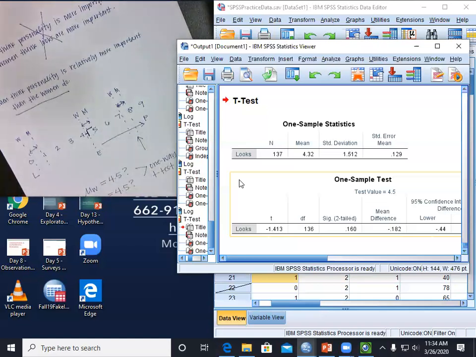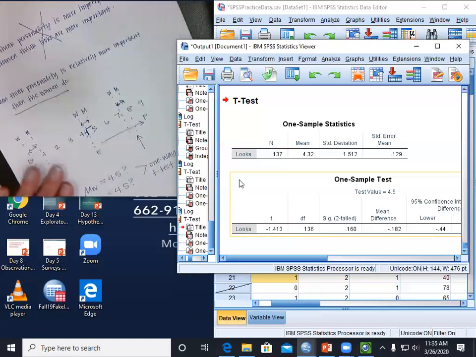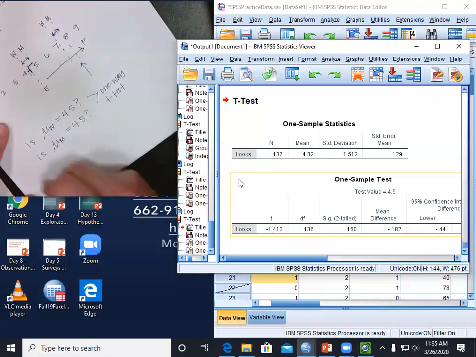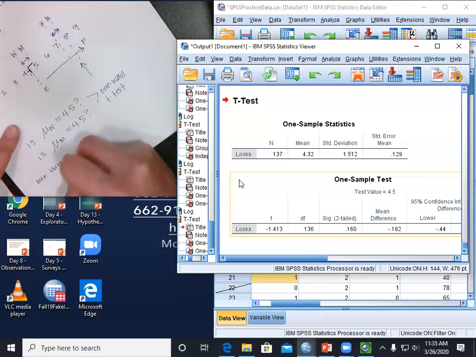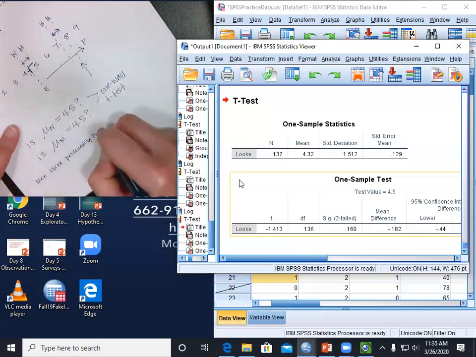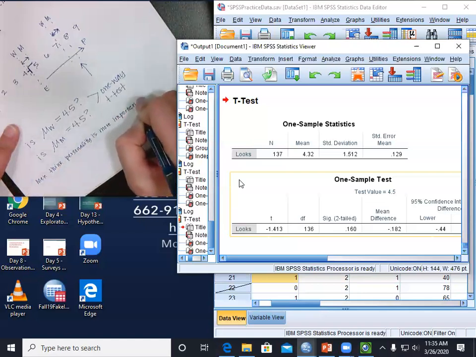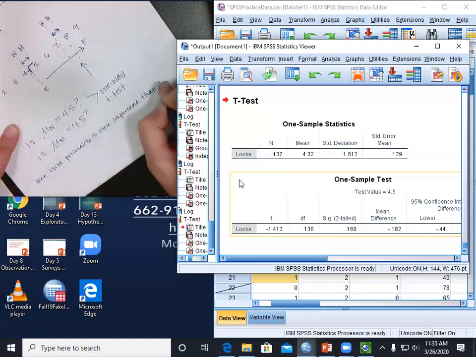All right, so we've done 3 tests. The independent samples t-test, looking to see if men and women are different. And then we did 2 follow-up one-sample t-tests. And if we were writing the conclusion of all of this in the paper, I might write something like, men think personality is more important than the women do.